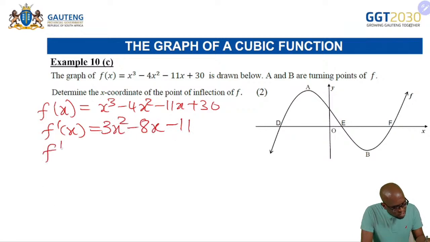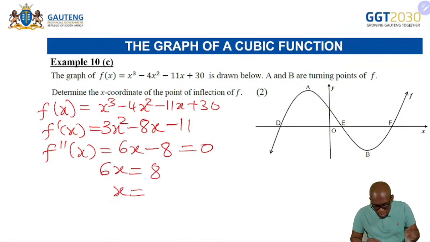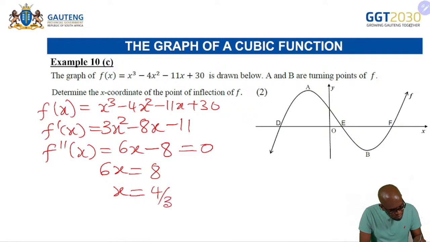If you differentiate it for the second time, we get that this is 6x minus 8. We equate that to 0. So we have that 6x equals 8 and x equals 8 over 6. We get 4 over 3.